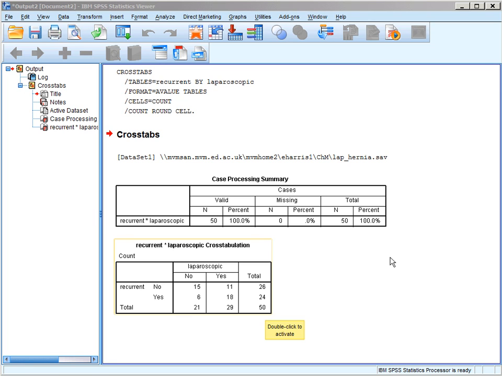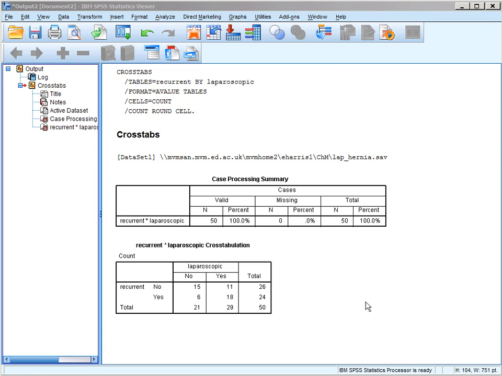So we can see that there's 50 patients in total, which we know is correct, and we can see that 15 were done without laparoscopy, were done open, and also were primary hernias. 6 were open but were recurrent, 18 were both laparoscopic and recurrent, and so on.